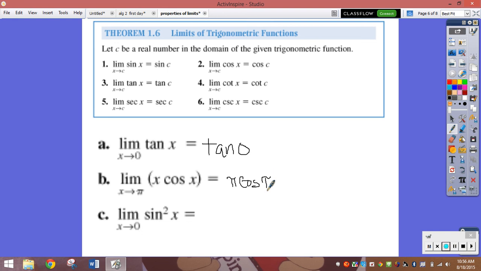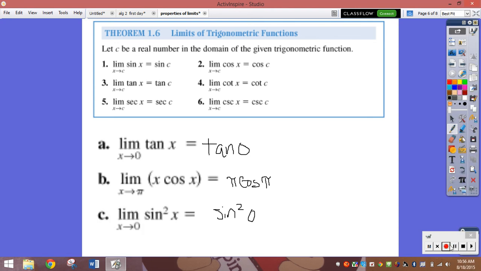Forgive the sloppy writing, I'm writing with the mouse. And then lastly, the limit as x approaches 0 of sine squared of x would just be sine squared of 0. And just to give you a heads up, you will have to be able to evaluate these trig functions from memory. So go ahead and practice now memorizing what they are.